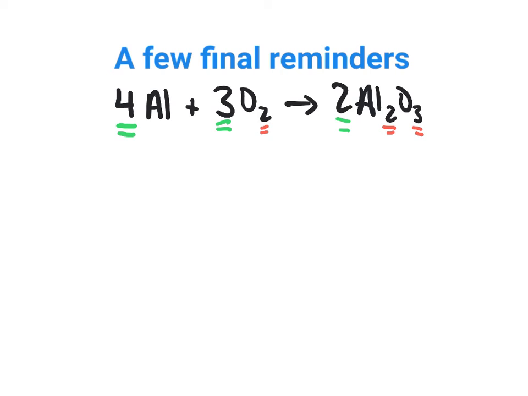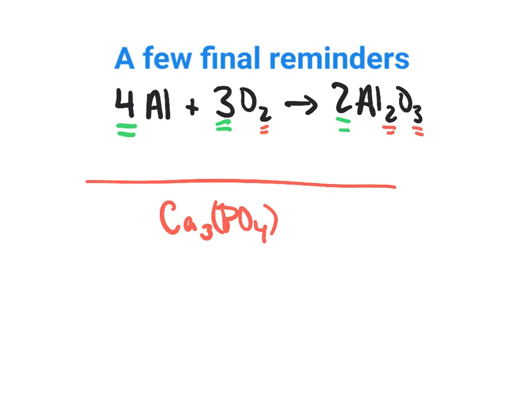You also will need to make sure that you are able to count atoms and ions in a formula. For example, let's look at the compound calcium phosphate, which is Ca3(PO4)2. PO4 taken twice is actually the proper way to say it. In this, we have 3 calcium 2+ ions.